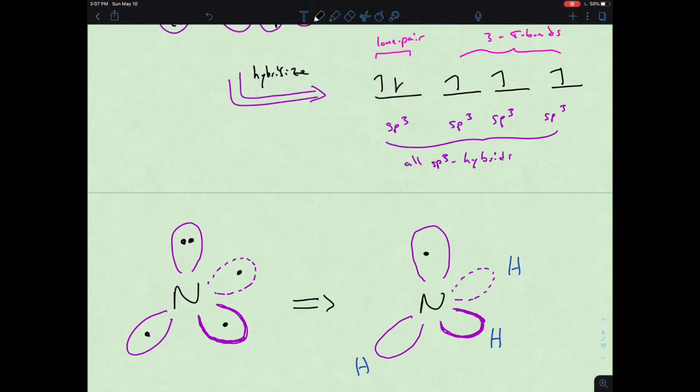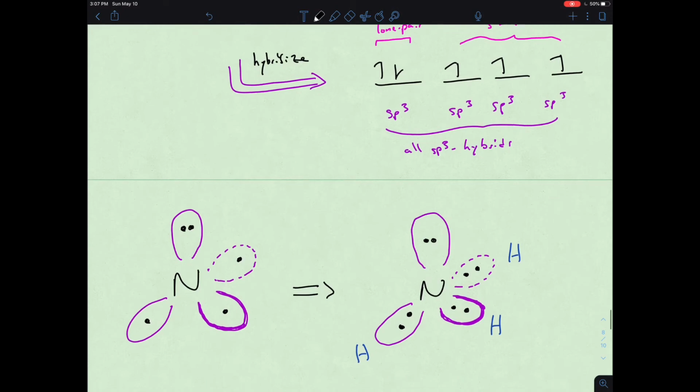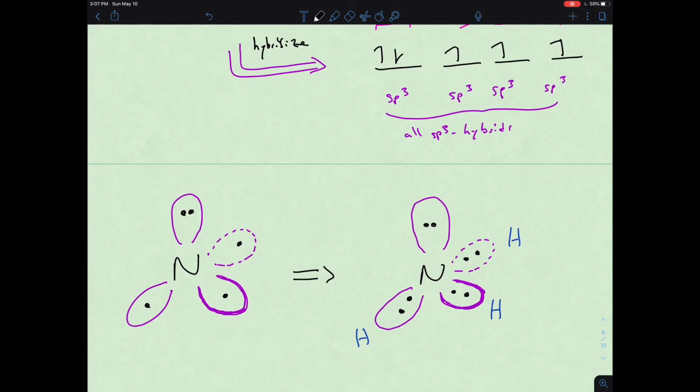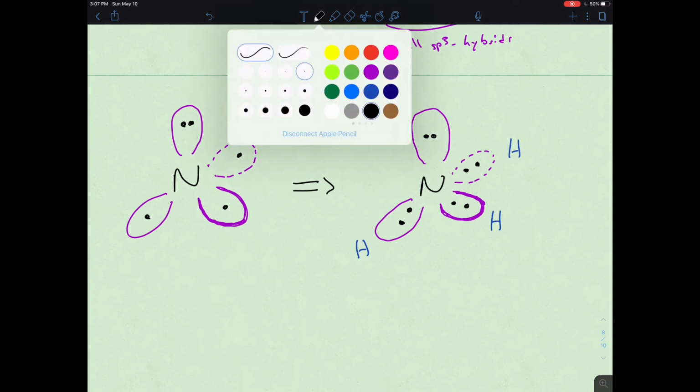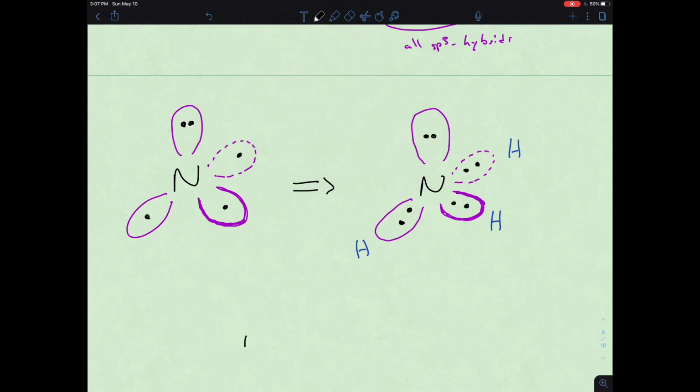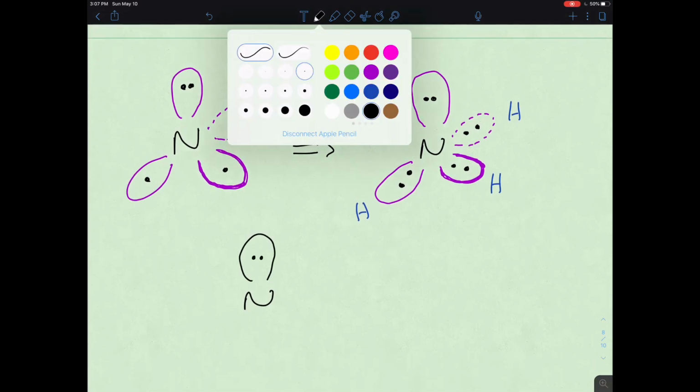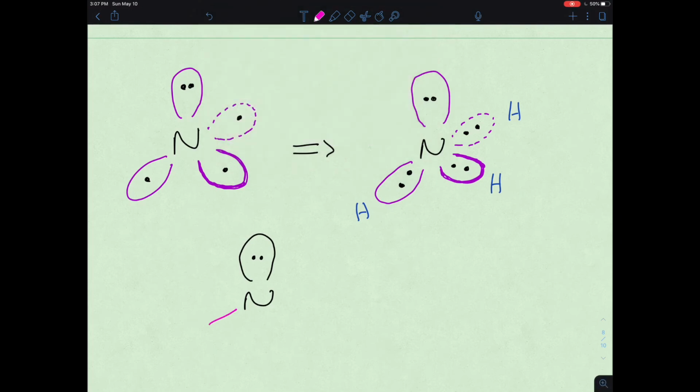And so we have the lone pair at the top. Nitrogen has its extra 3 that are unpaired, and now the hydrogen's bringing its extra 1. And so that's where our geometry actually comes from, as far as the ammonia. We still have that. It's really not a bond, right?